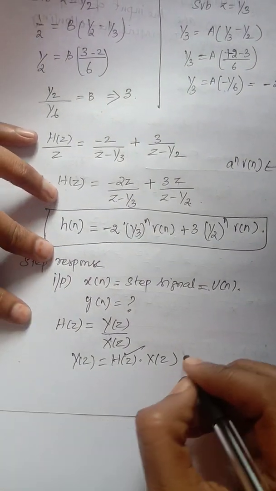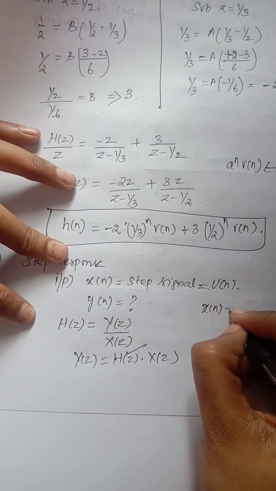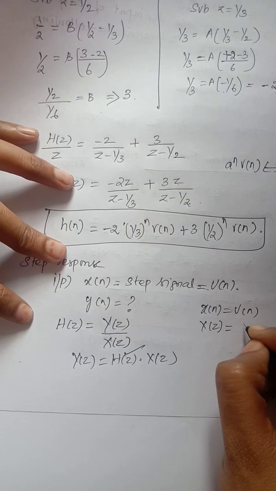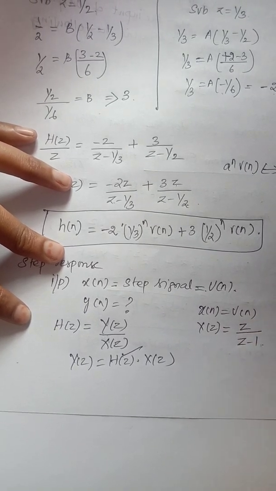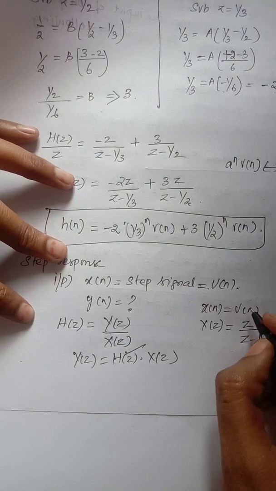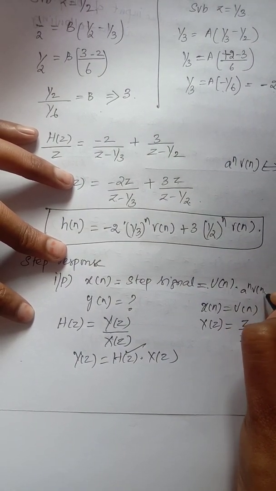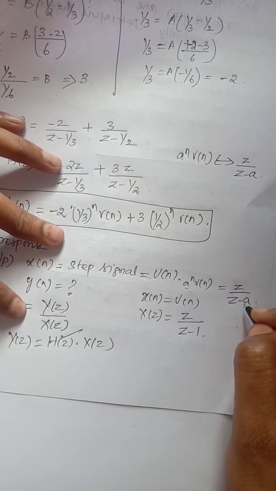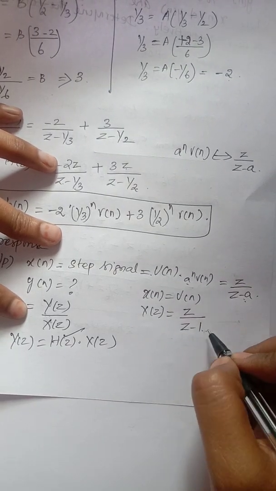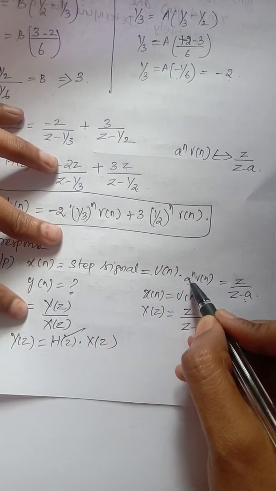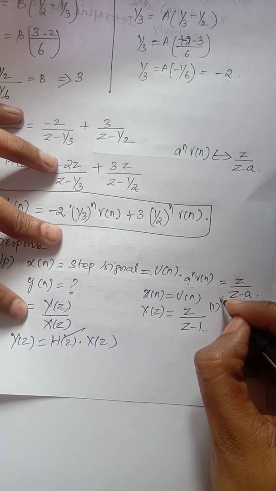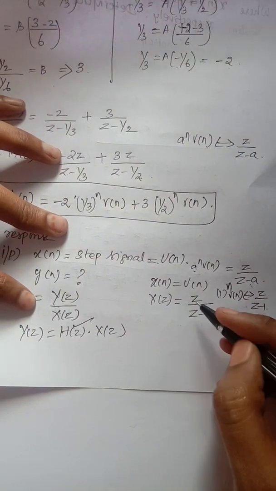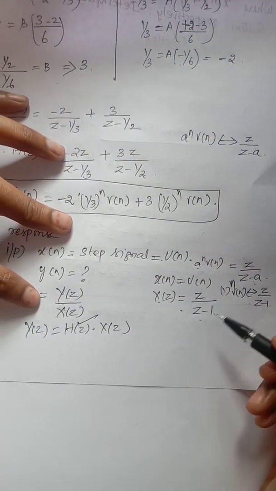Here x of n is equal to u of n, so you need to find x of z. x of z is nothing but the z transform of u of n, which is z by z minus 1. That is, a power n u of n equals z by z minus a, and here a is 1, so 1 power n into u of n is z by z minus 1.